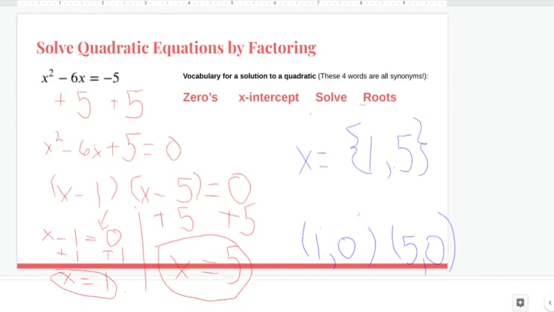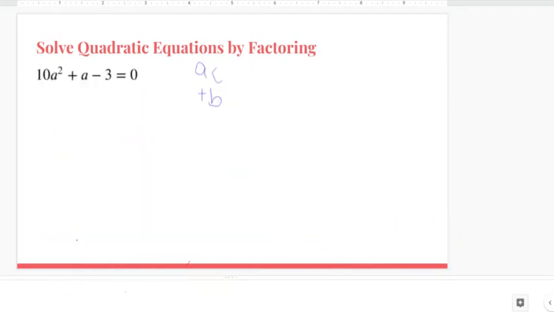All right, so our next example will be our most challenging example that we factor, and that will be when a does not equal 1. So in this example, we have 10a squared plus a minus 3. And I want to remind you that the coefficient of your a squared is a.